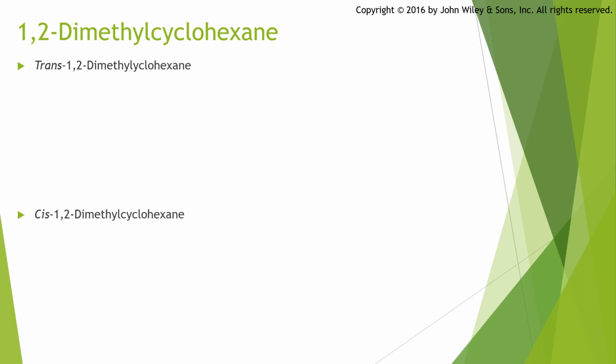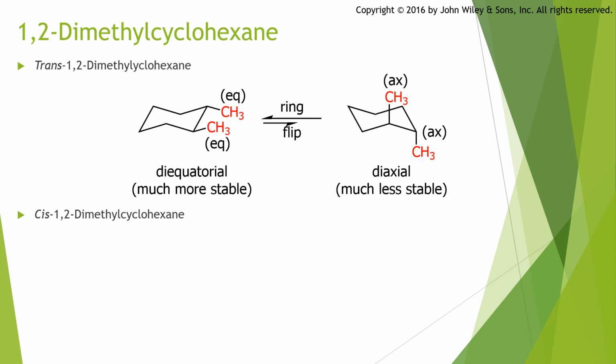Okay, let's look at 1,2-dimethylcyclohexane. We have cis and trans. So when it's trans, you can have them both in the equatorial position because the neighboring carbons are going to have opposite facing equatorial positions, or you can have them both axial. The better version is going to be if they are both equatorial.